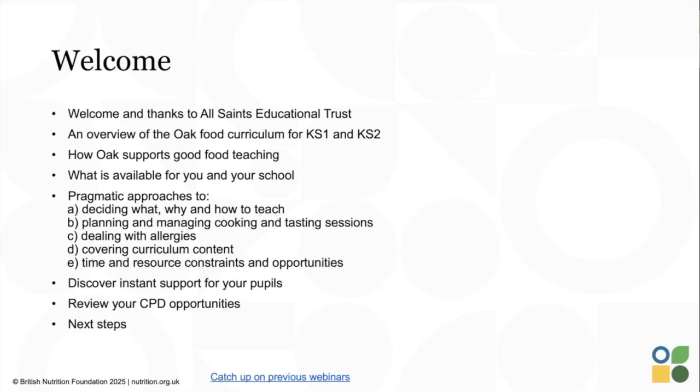What we're going to cover today is an overview of the Oak food curriculum for Key Stage 1 and 2. We're going to think about good food teaching and how what has been created for Oak National Academy will support that, and what's available for you and your school at primary level.